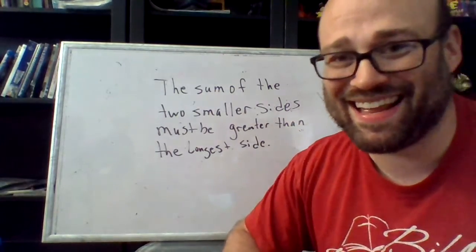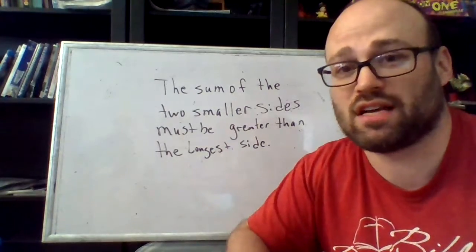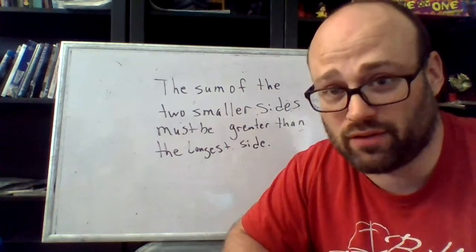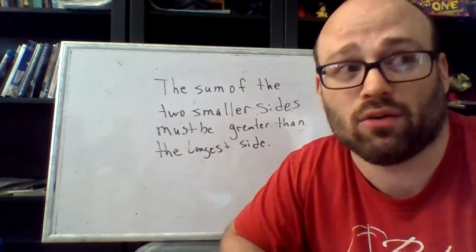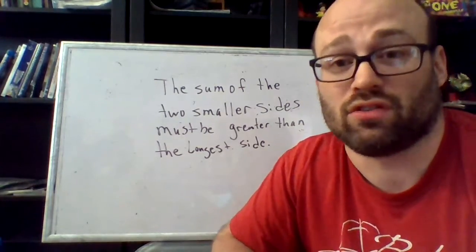If it does not meet that criteria, if adding the two smaller sides of a triangle is not bigger than the largest side, you can't make a triangle out of it. There's no way to make a triangle unless the two smaller sides added together are larger than the largest side.